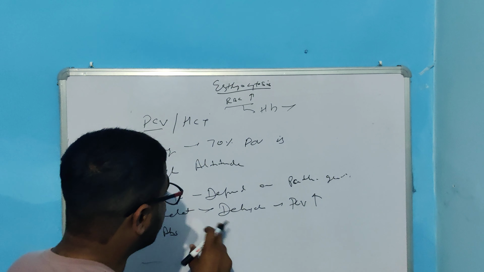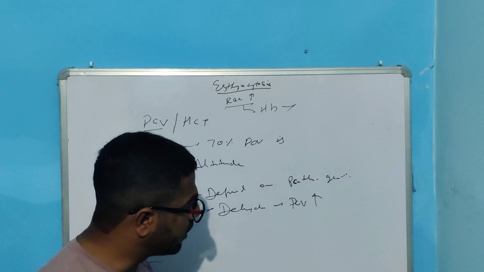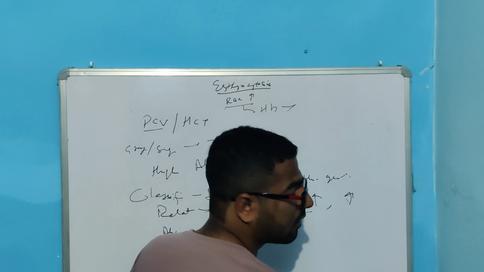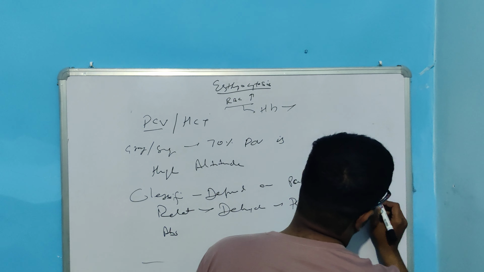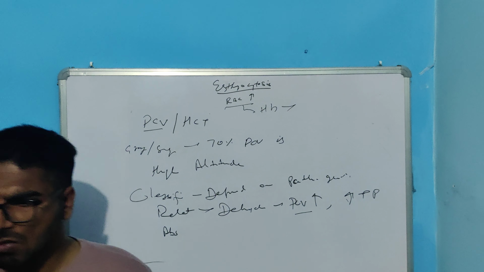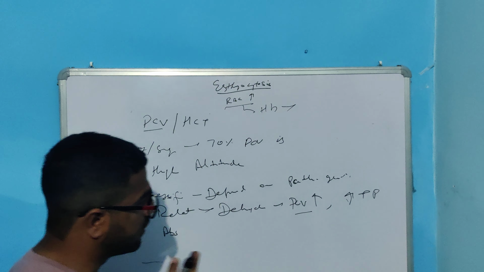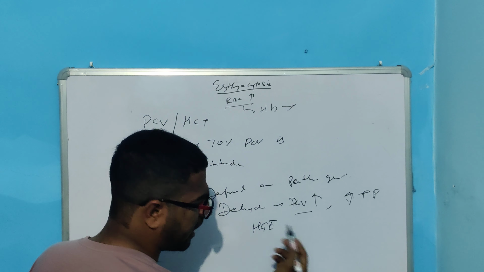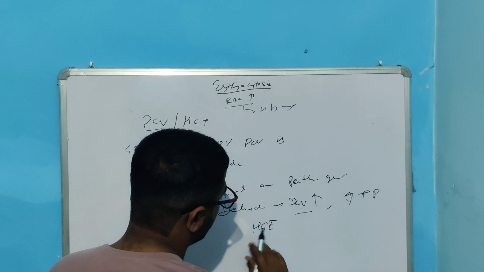In dehydration, or relative erythrocytosis, you see an increase in PCV and an increase in total protein. But one exception is hemorrhagic gastroenteritis, like in parvovirus infection.